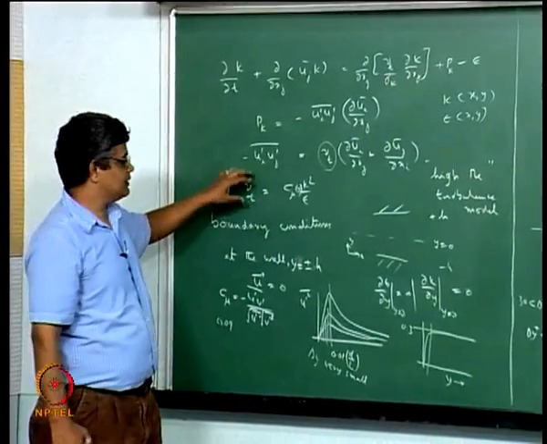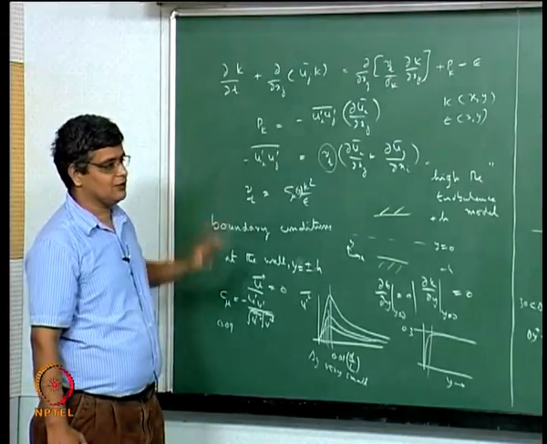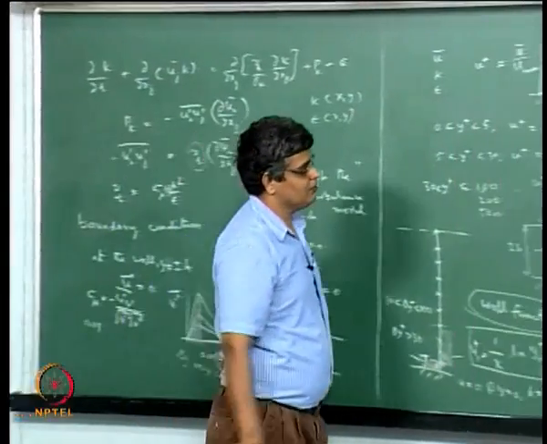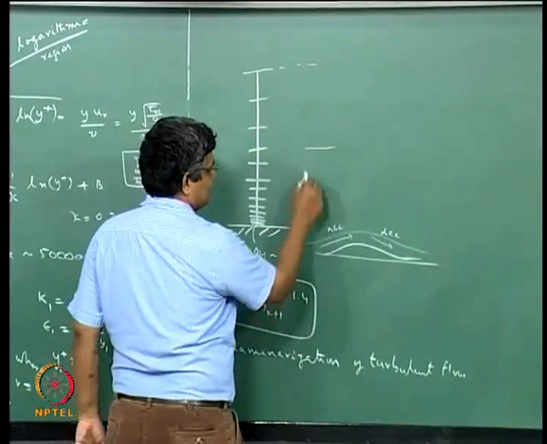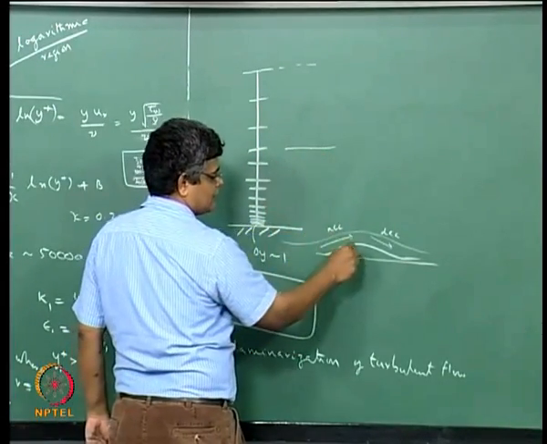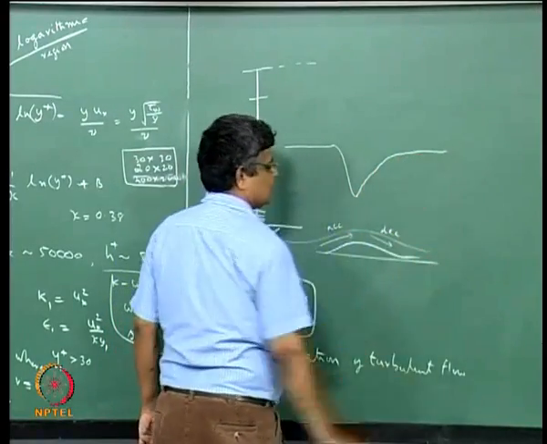So, that means that your friction factor will be very different and the heat transfer coefficient will be different and all that. So, if you were to plot, for example, the Nusselt number, it may be something like this value here, but as you go over the hill it may come down and then it may go back like this.